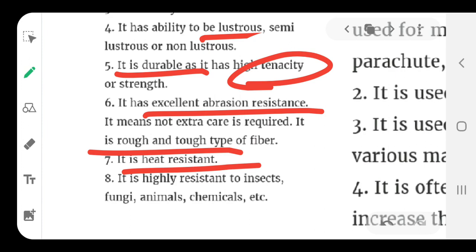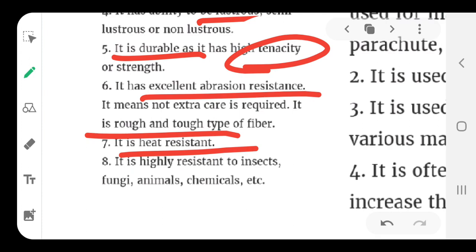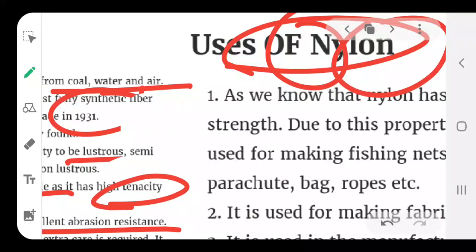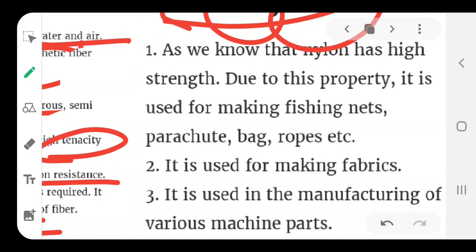As a result they are widely preferred, and moreover insects and fungi won't attack them. They are also resistant to them, and because of these huge properties they have quite big applications.